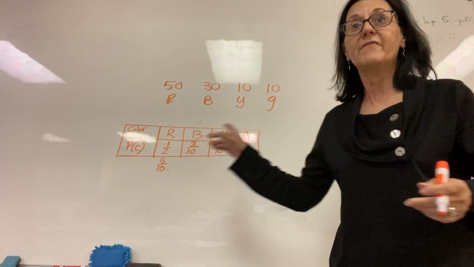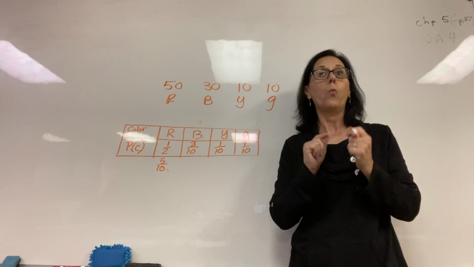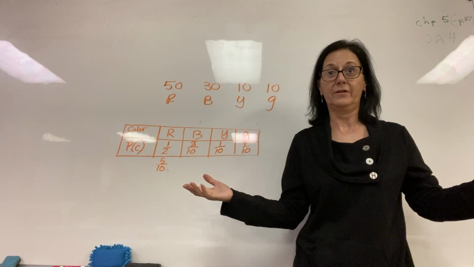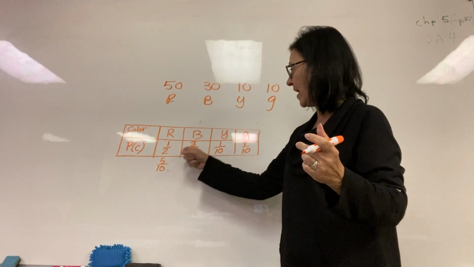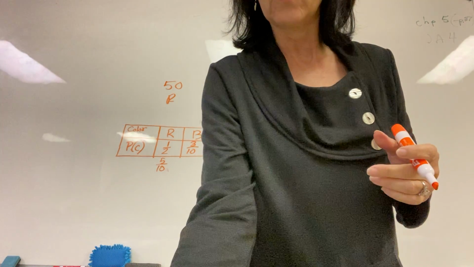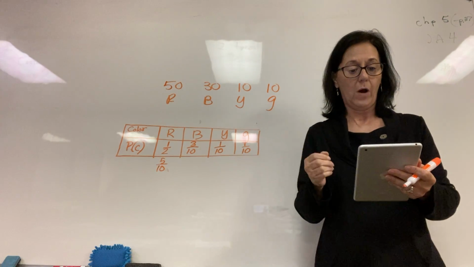The sum of these probabilities should always equal 1 because all the options are covered, okay? So if we add in 5, 3, 1, 1 over 10, it equals 1. The sum of the probabilities will always equal 1.